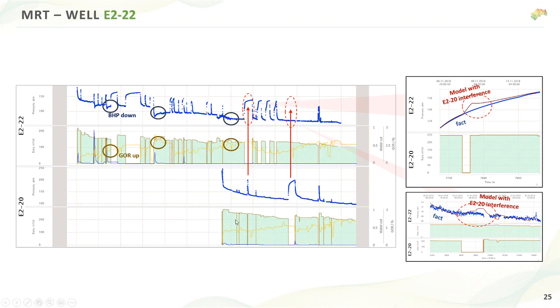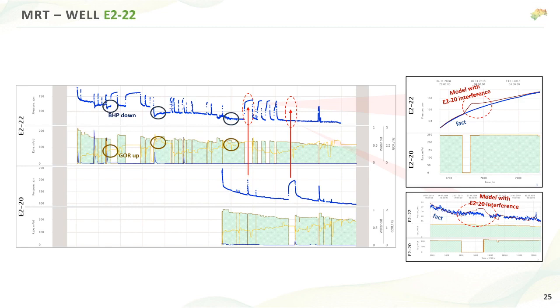After well 20 was brought online and started producing, there was a slight additional pressure decline in well number 22. If we put all the history into our software, we can see that it is not an impact of the well.